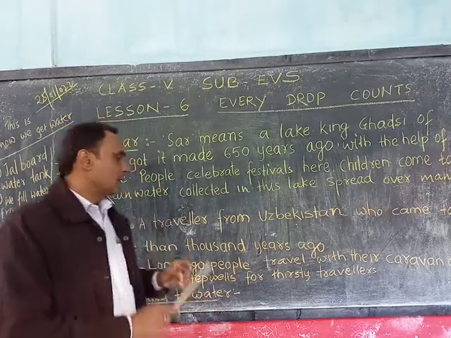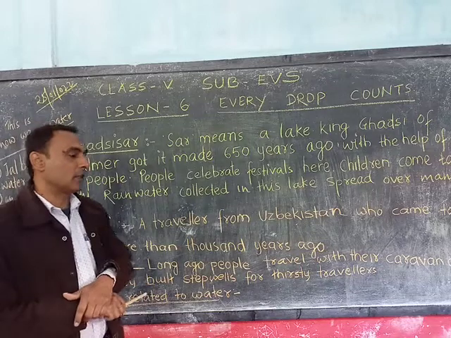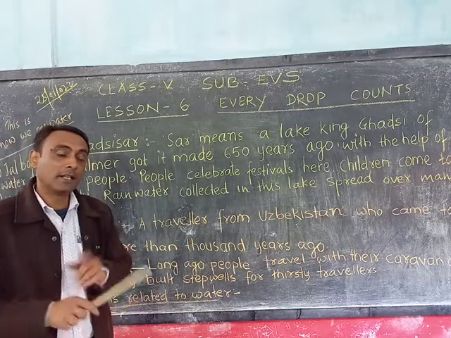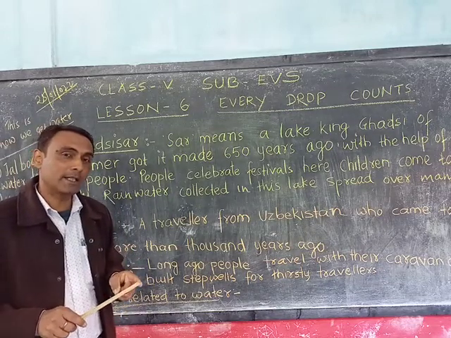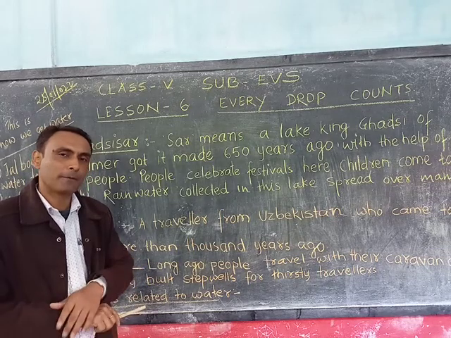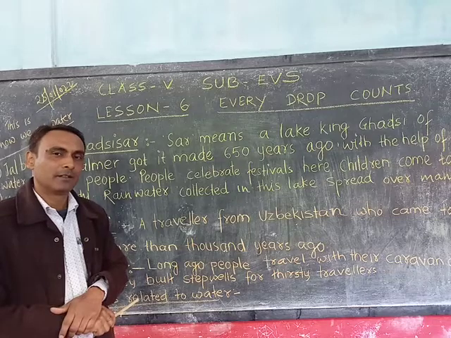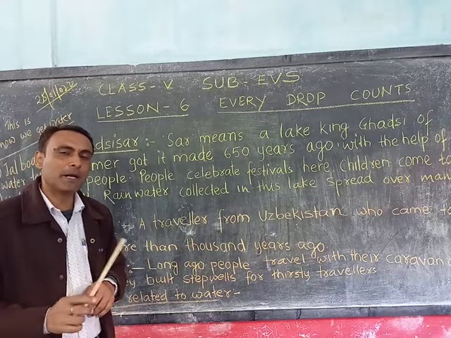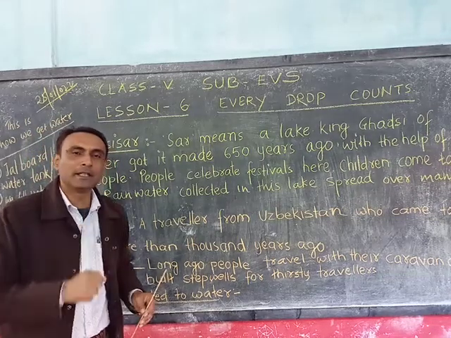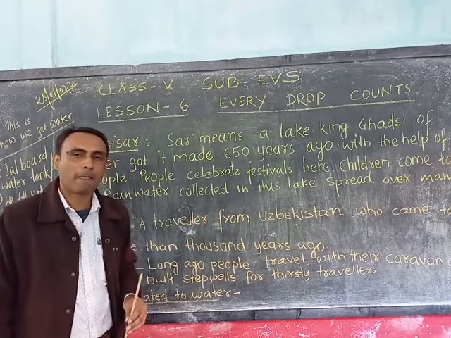That means she is going and worshipping that particular source of water. It reveals that water plays an important role in our life. Are you getting it? That means without water we cannot do anything, we can't even survive.